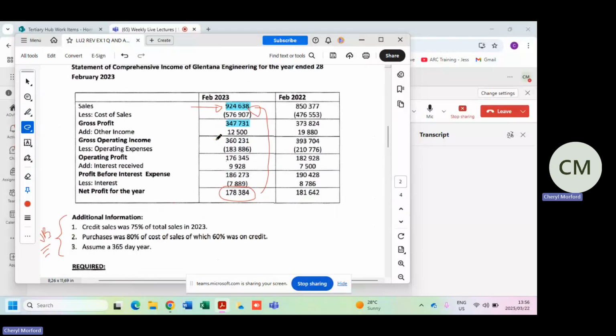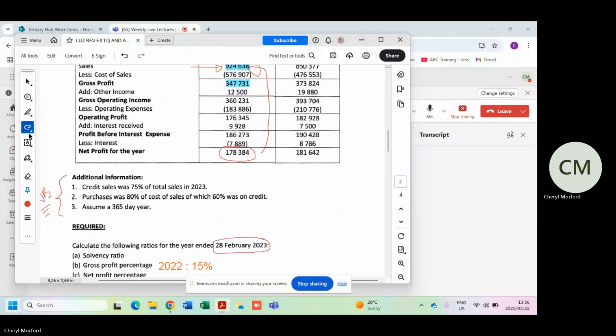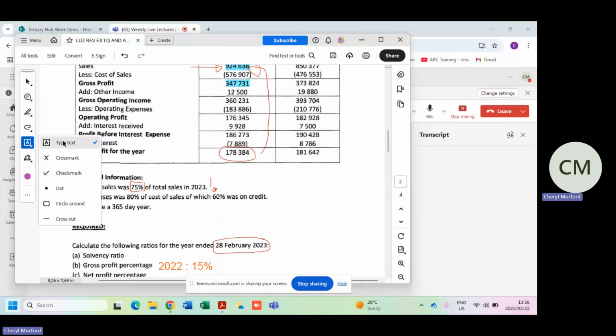We have to pop down to the information at the bottom, and here we can see it. In additional information number 1, it said credit sales was 75% of total sales in 2023. So what we need to do now is take the total sales number above, and we only need to find 75% of it. I just need to draw your attention to something very, very important here.